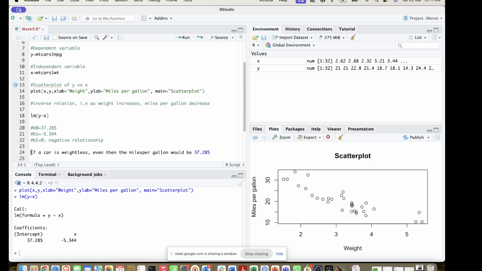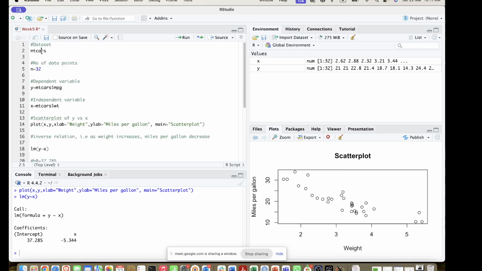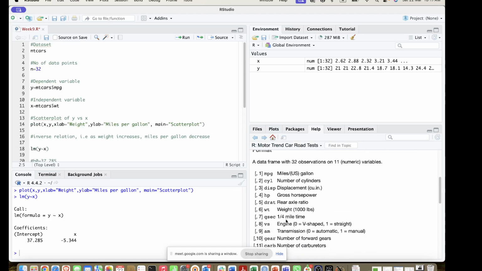Okay, and here b1 means that whatever the unit is, I forgot what the unit is, so let me see what the unit of weight is. Weight is in 1000 lbs.